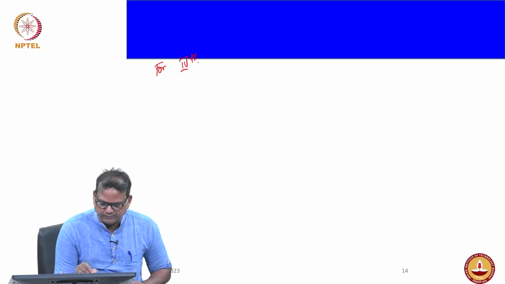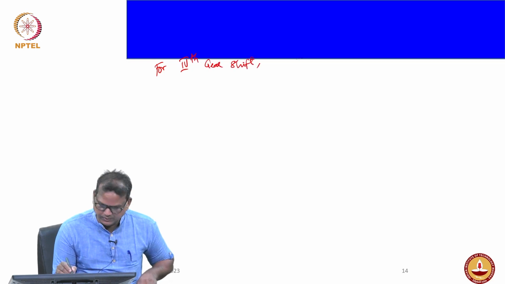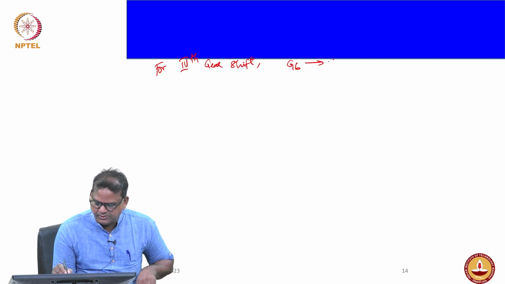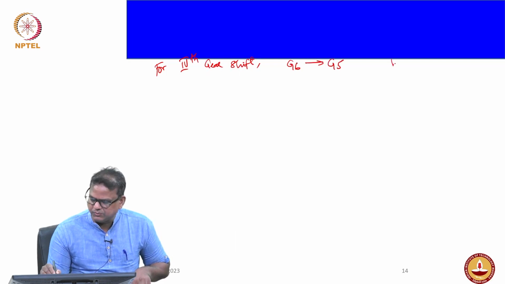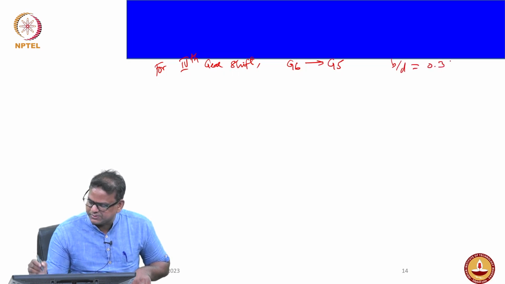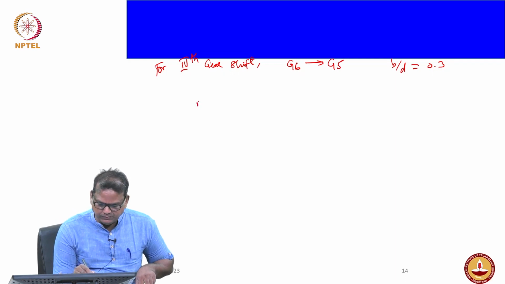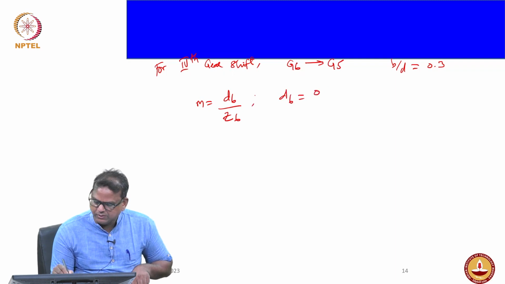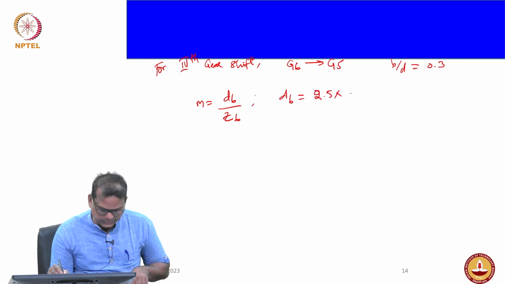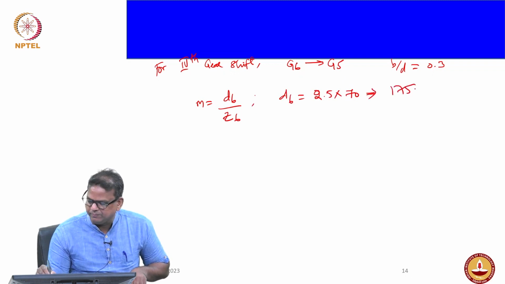Similarly, we do the fourth gear shift, where gear 6 meshes with gear 5. As usual, we take the B by D ratio as 0.3. M equals D6 by Z6, so D6 equals 2.5 times 70 teeth for gear 6, which is 175 mm.